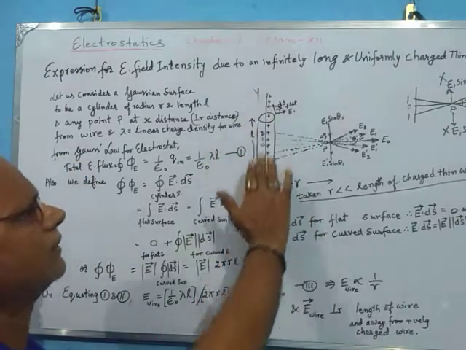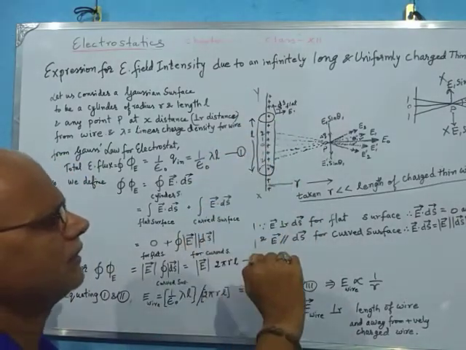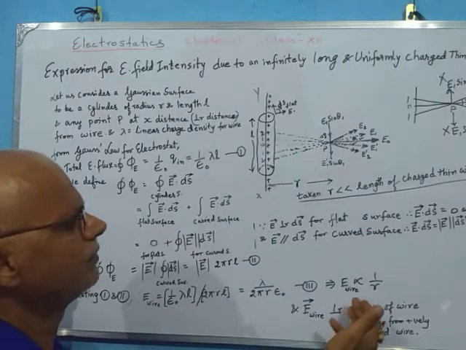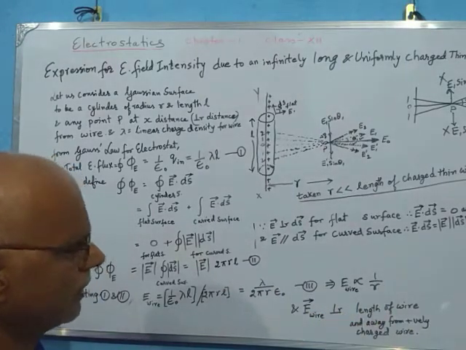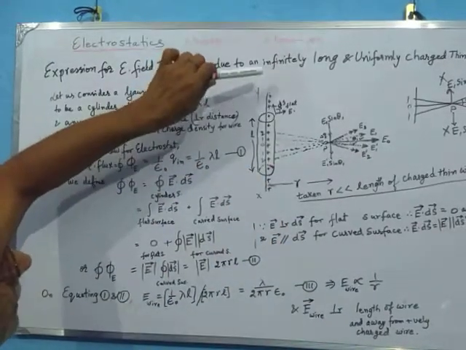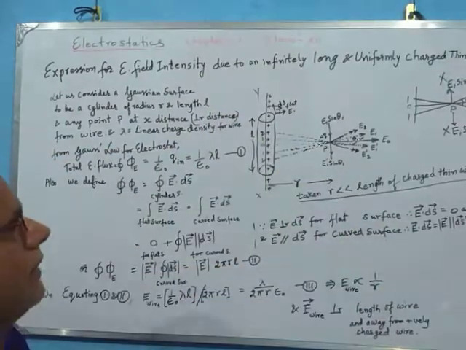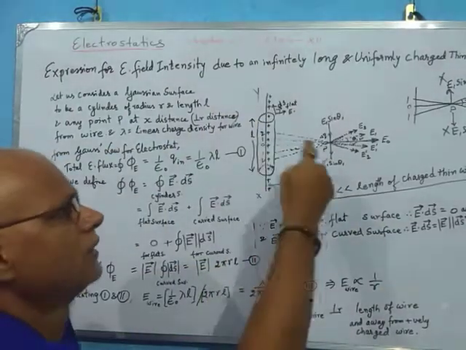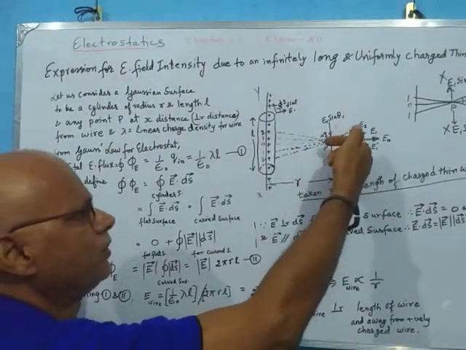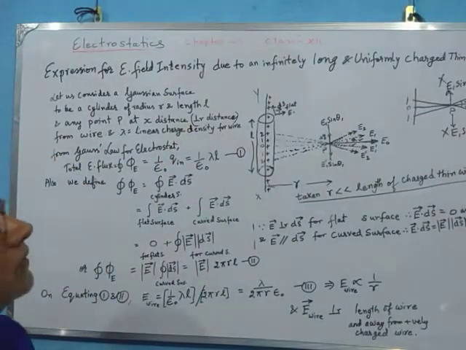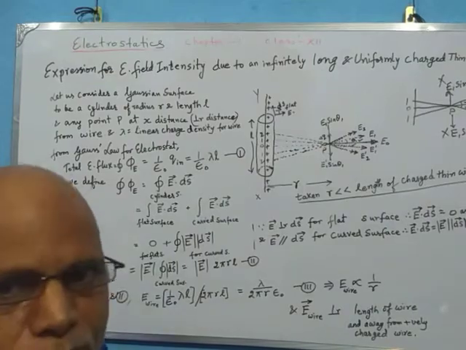In case we have a negatively charged wire, the electric field will again remain perpendicular to the wire. Means if the wire is in the vertical direction, then the electric field will be along the horizontal direction. But if the wire is negatively charged, the electric field will be towards the wire and perpendicular to the wire. So this is all we intend to learn today.